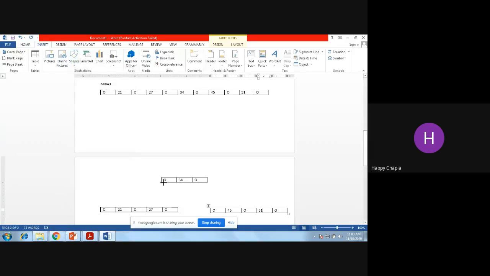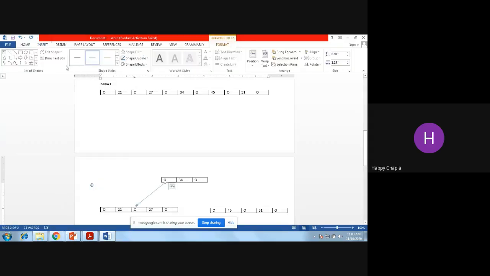This is the splitting of the node. Okay, we'll see that example also. At that time, I will surely discuss those things.